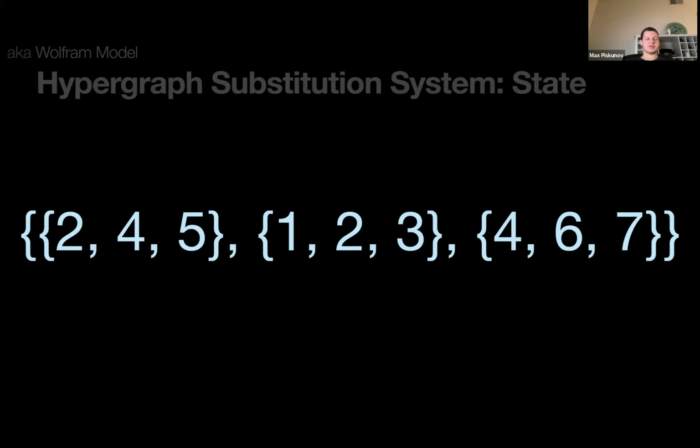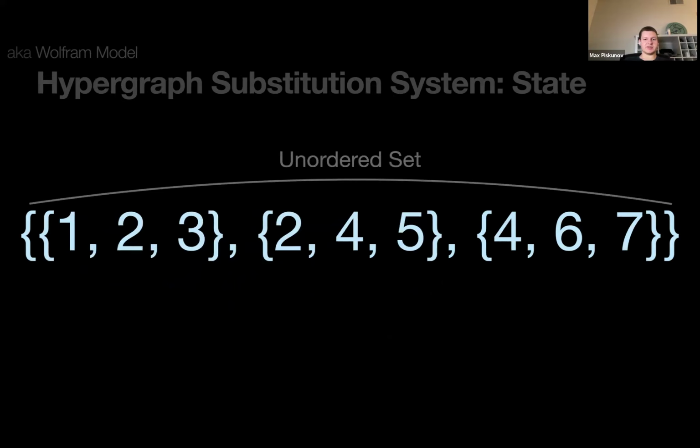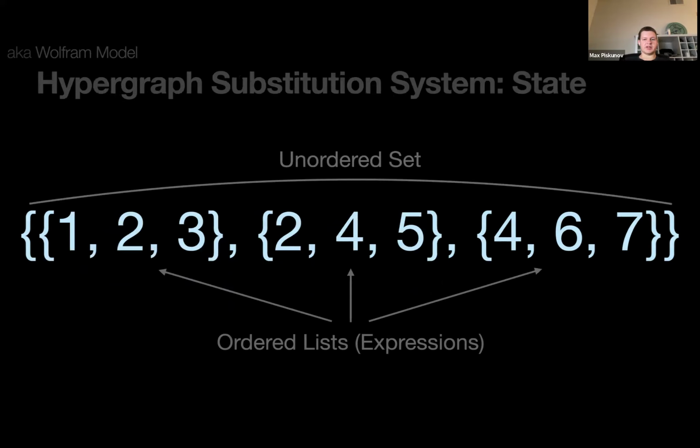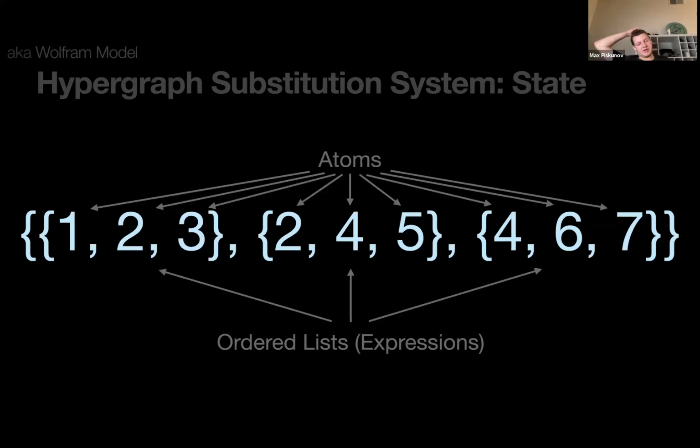Okay, so let's talk about the hypergraph substitution system now, also known as the Wolfram model. The hypergraph substitution system is a special case of the multi-set substitution system. In this case, the state is also an ordered set, but expressions are ordered lists of atoms.